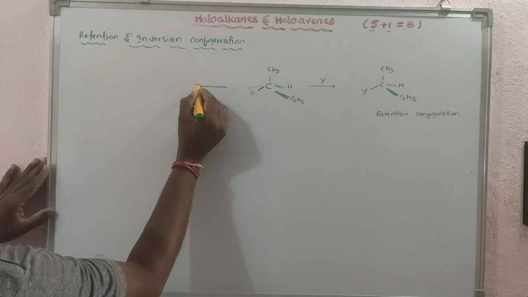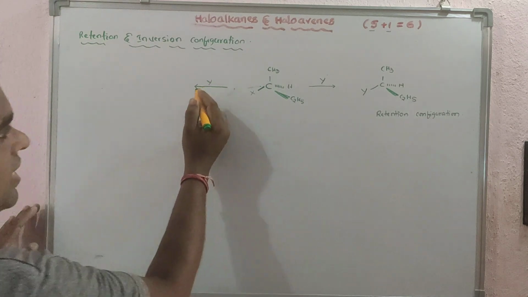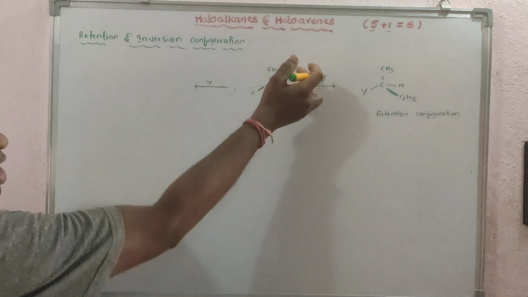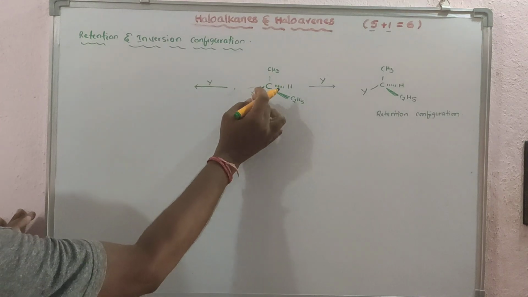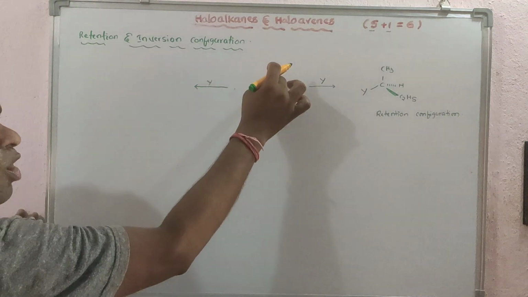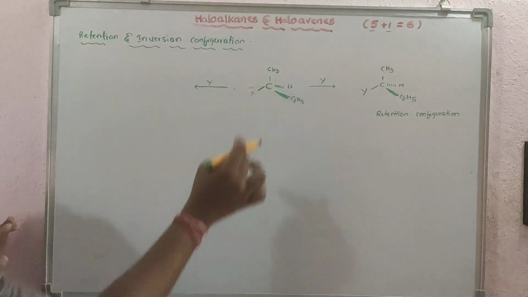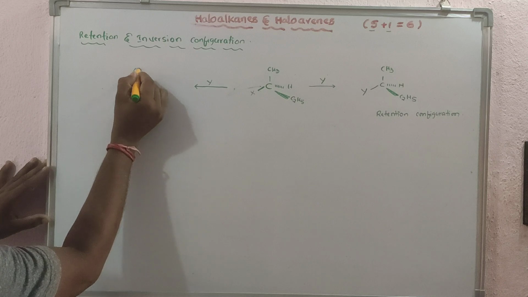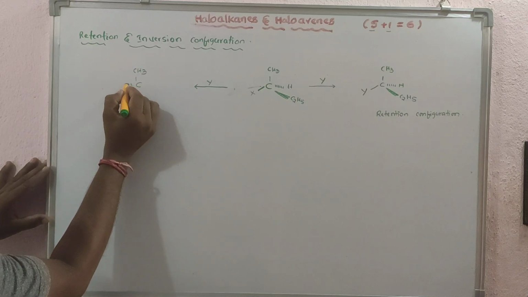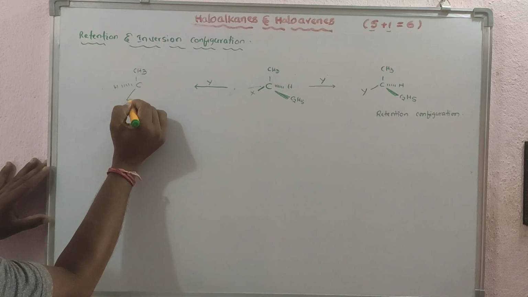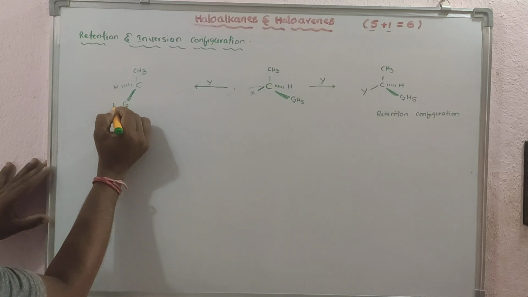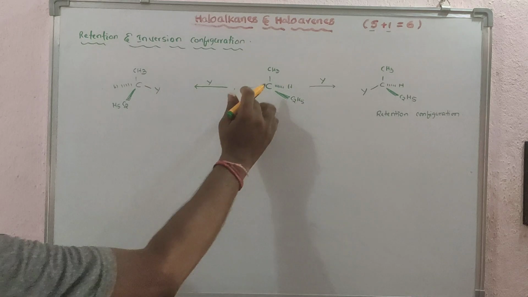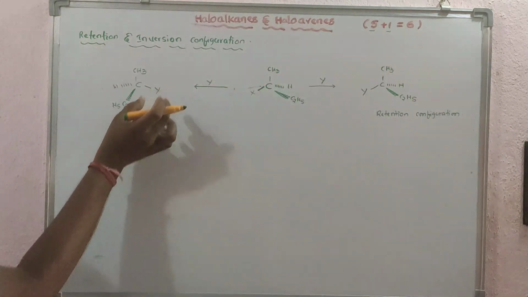Now suppose Y occupies the position exactly opposite to where the X is present. Then what will you get? You will get the compound CH3, H, C2H5 and now here Y, opposite to the position of X. Clear?